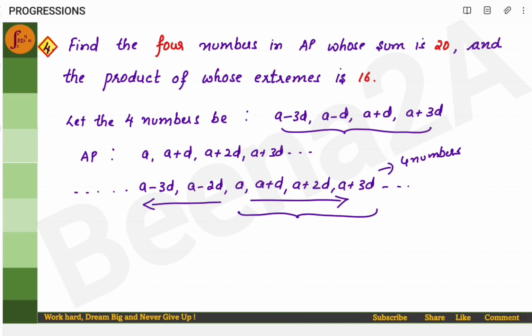Now what is the sum formula? Because they've given sum is 20. They've told sum is equal to 20, that is the sum of these 4 numbers.